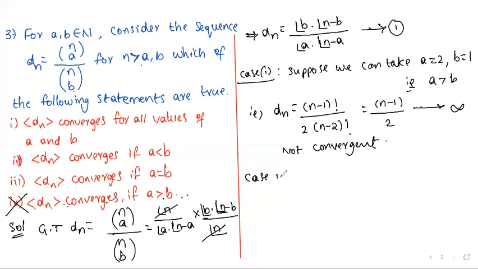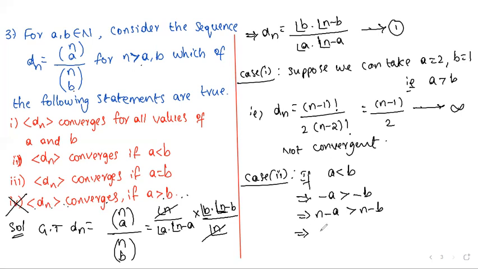Case 2: if a is less than b. If a is less than b, we can multiply by minus and add n, so n minus b is less than n minus a.